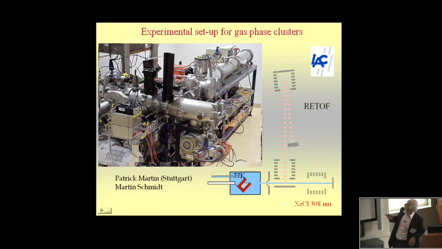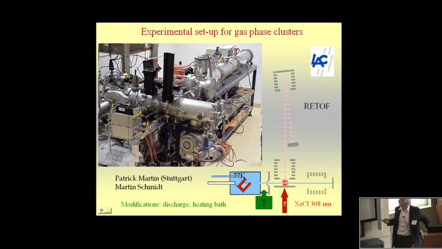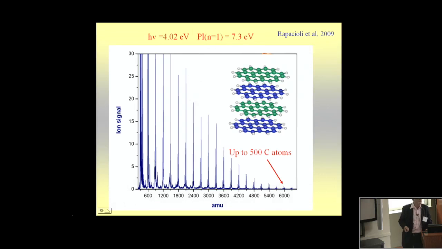It's a high-resolution reflectron, which was transferred from Stuttgart, and we have a heater in that part, a crucible, and a low temperature liquid nitrogen cooled chamber around, and this is enough to form the clusters. They go out and then are ionized. They can be ionized in that part with a discharge here, but you can also ionize them directly with a laser here. Okay, and you analyze mass spectra.